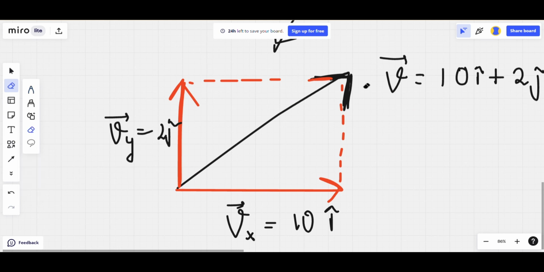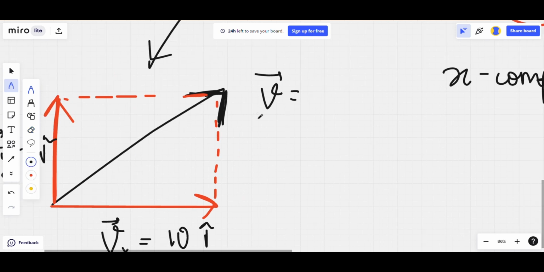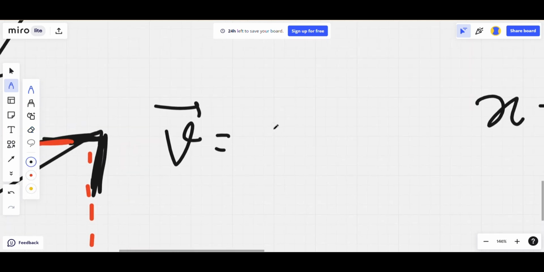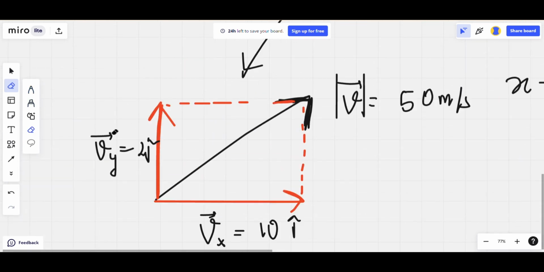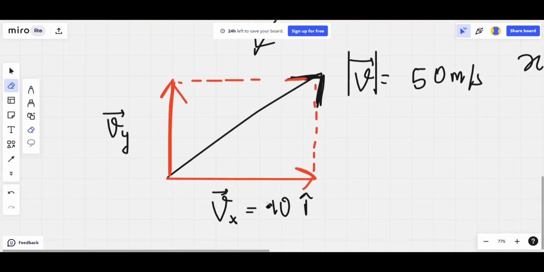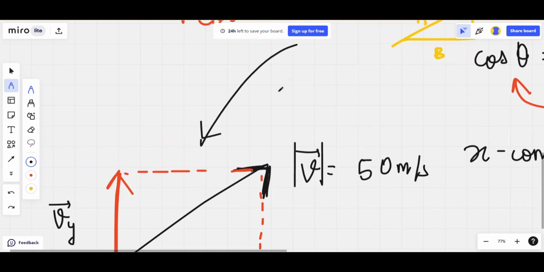Now sometimes in the question these values won't be given, and only the magnitude of the main vector would be given. Let's say the magnitude of this vector is 50 meters per second. Now you can't tell what the magnitude of these vector components would be, but we just derived a formula for finding the magnitude of the components of the main vector.